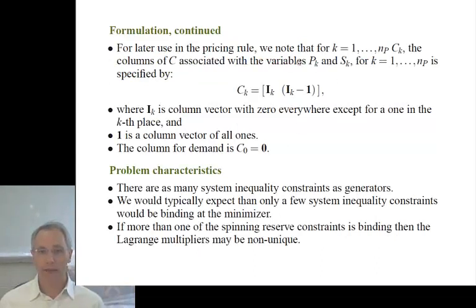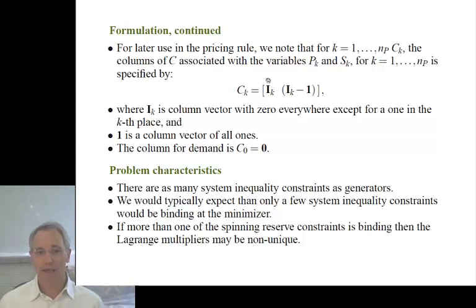As it happens, I can write those constraints more succinctly by observing that Ck, the columns of C associated with the variables Pk and Sk, that corresponds to generators 1 through NP, is I sub k and I sub k minus 1. I sub k is the column vector with 0 everywhere except for a 1 in the kth place, and 1 is a column vector of all 1s.